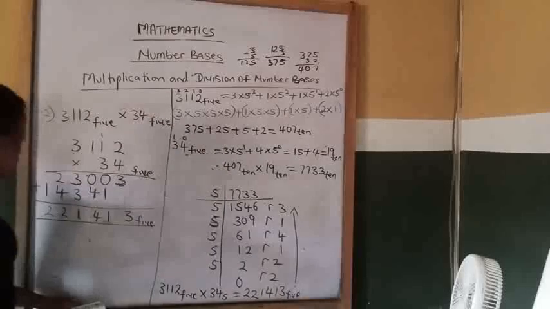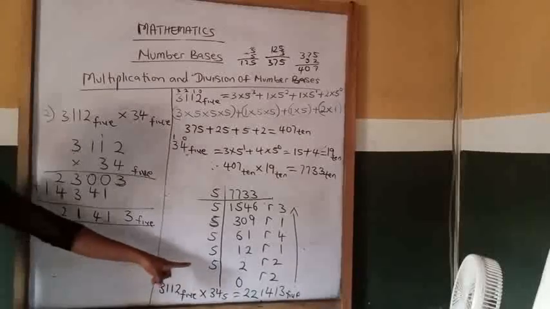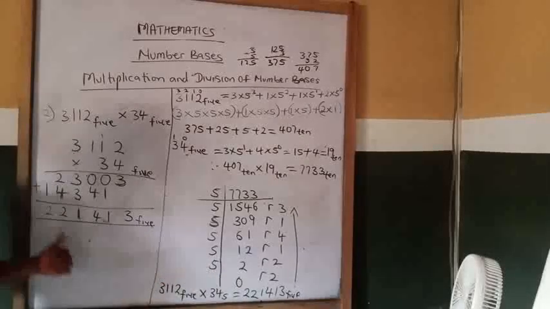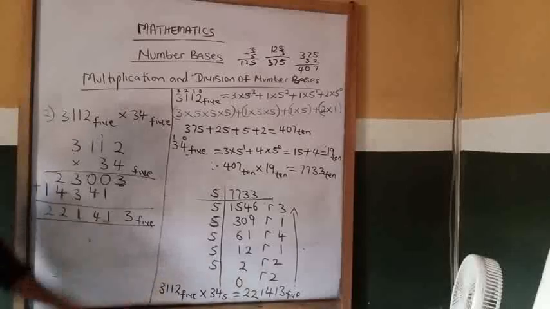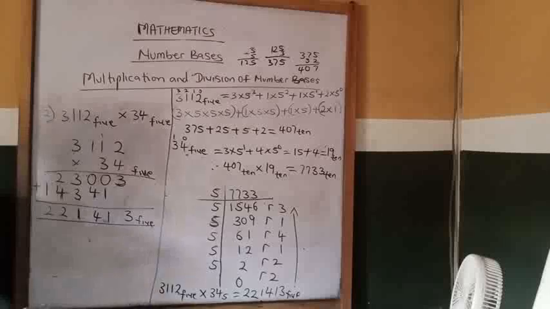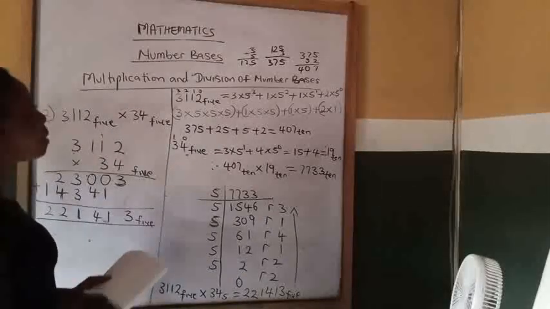So that is the answer. If you compare our answer here with what we arrived at there, we arrive at the same answer, 221413 base 5. So you can use any of the two methods to solve questions of multiplication of number bases.